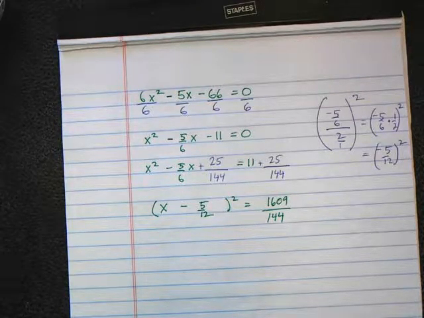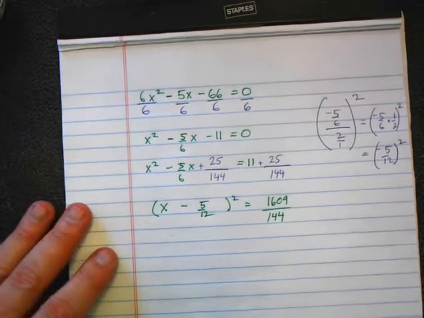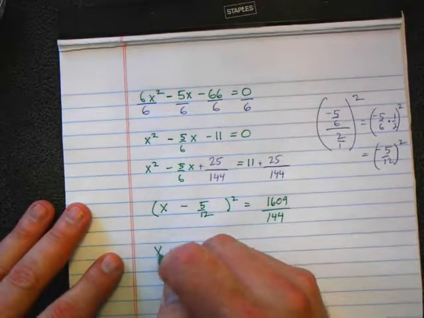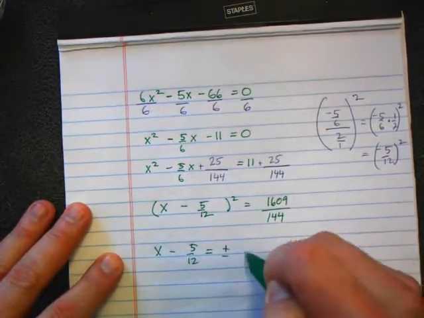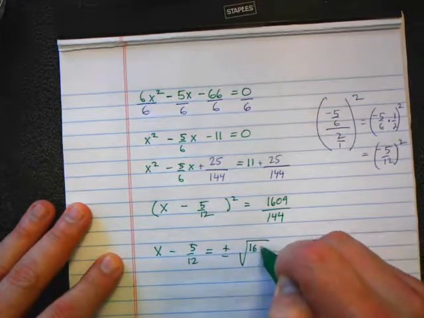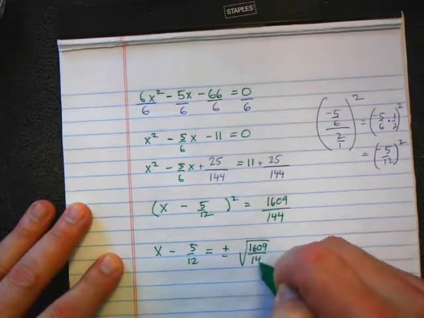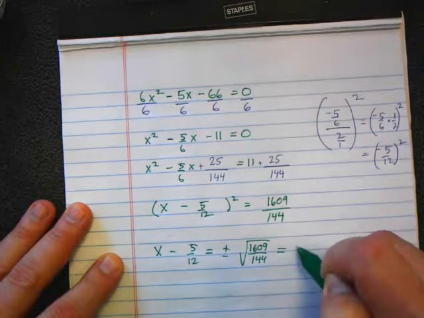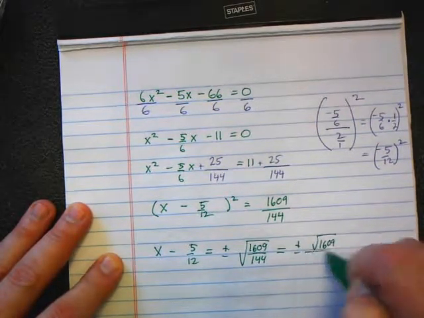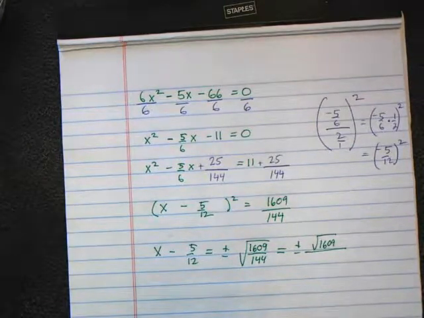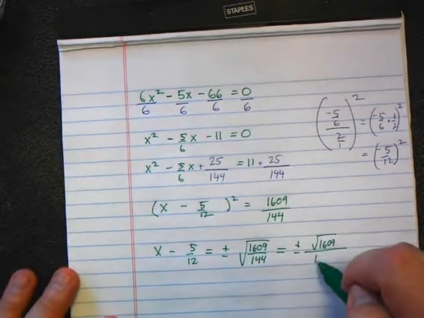It's a pretty number, I suppose. All right, I'm going to square root both sides. X minus 5/12 equals plus or minus the square root of 1609 over 144. That's plus or minus the square root of 1609 over the square root of 144, which happens to be a nice number, 12.